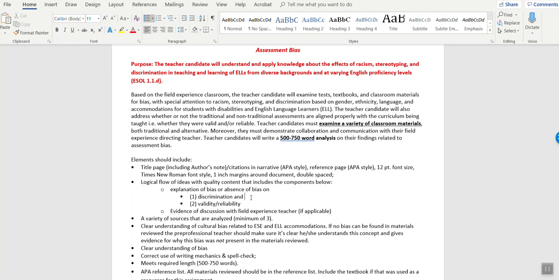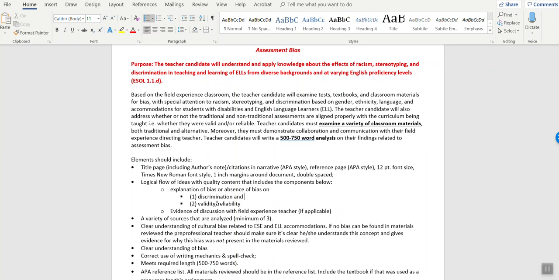So there's a second type of bias, and that is this issue of validity and reliability. Now this one is a little trickier and it takes some thinking. It's probably more common, and it's not going to be as obvious, but what you're looking for here is a mismatch between what the standard is, what's being taught, what should be being taught, and what is being assessed.